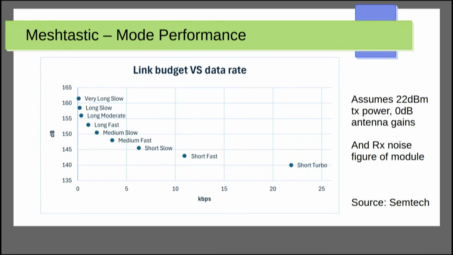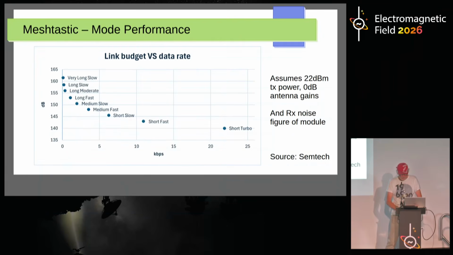There's slow on the x-axis, you've got the data rate, and it's down in the very low data, hundreds of bits per second, and it's got a pretty good link budget margin there. This is actually published by Semtech, who are the original licensees of, or the original patent owners for LoRa.